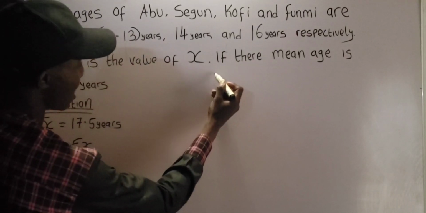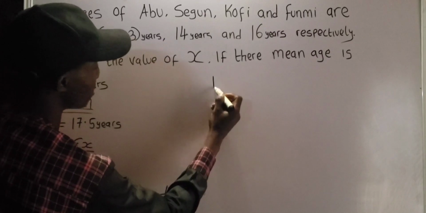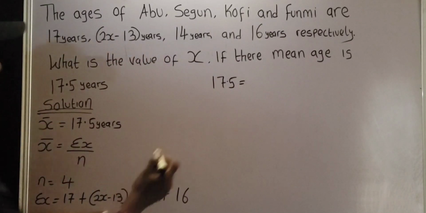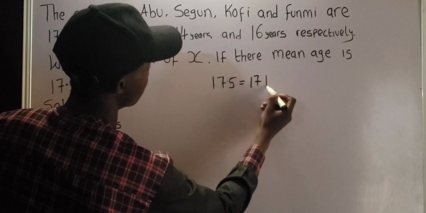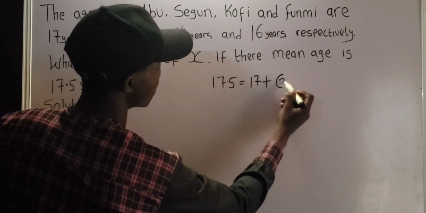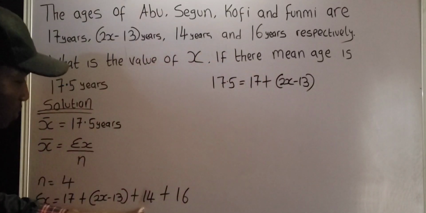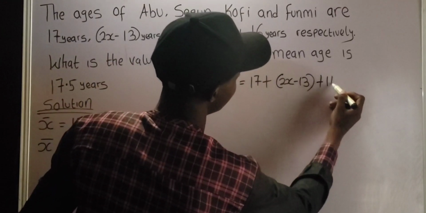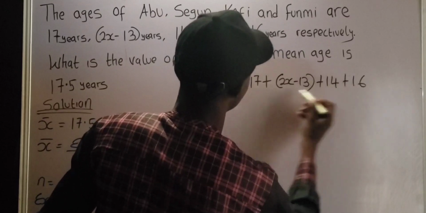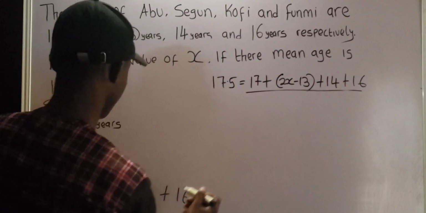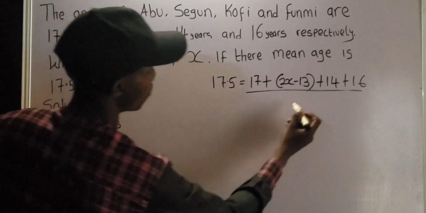So I'm going to have mean, which is 17.5, equals the sum of all this, 17 plus 2x minus 13 plus 14 plus 16 all over n. n is 4.